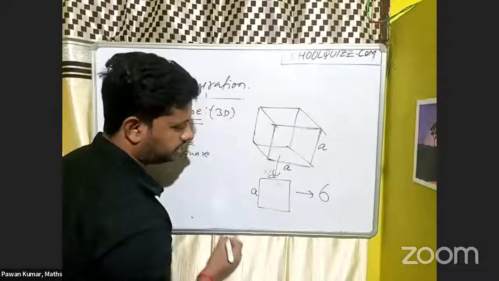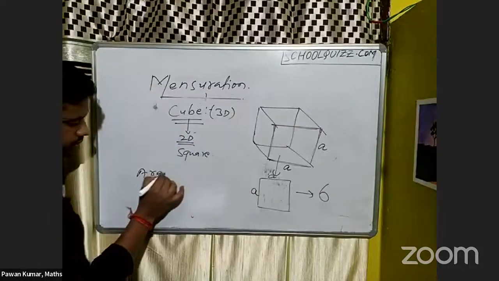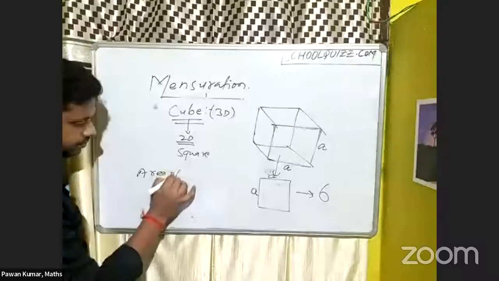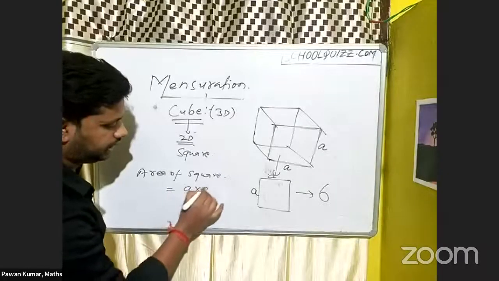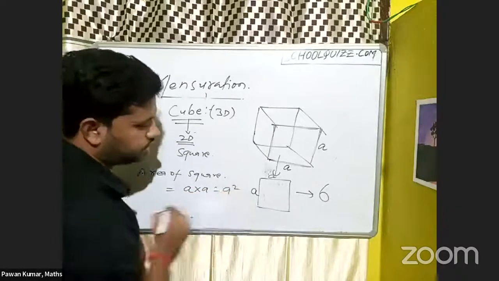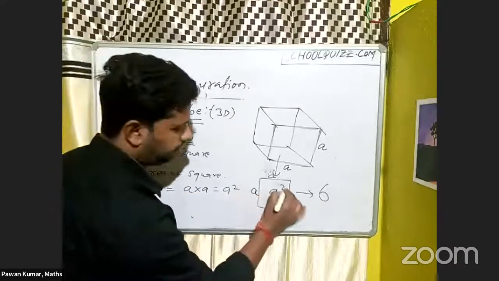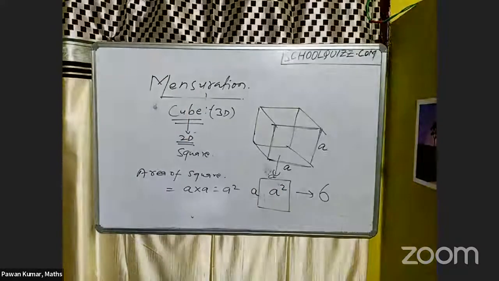Each face is a square, so what is the area of a square? Area of a square is how much? Side square. A is the side, so I can write A into A, which is A square. So for one face of that cube, the area will be A square.